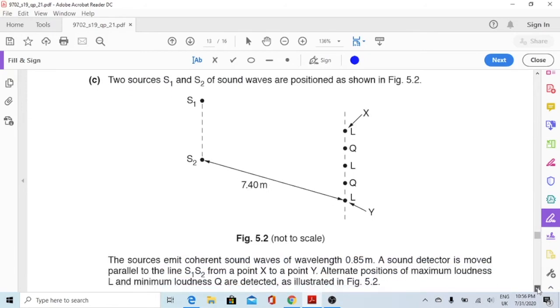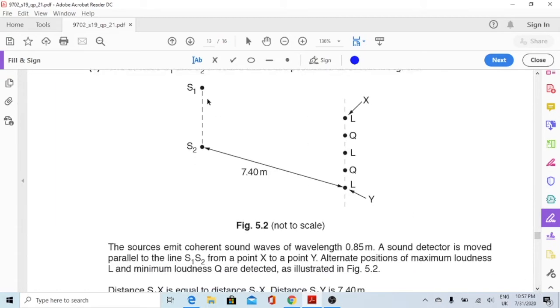Okay, moving on to part C. Two sources S1 and S2 of sound waves are positioned as shown in figure 5.2. Okay, so these are two sound sources. The sources emit coherent sound waves of wavelength 0.85 meters.